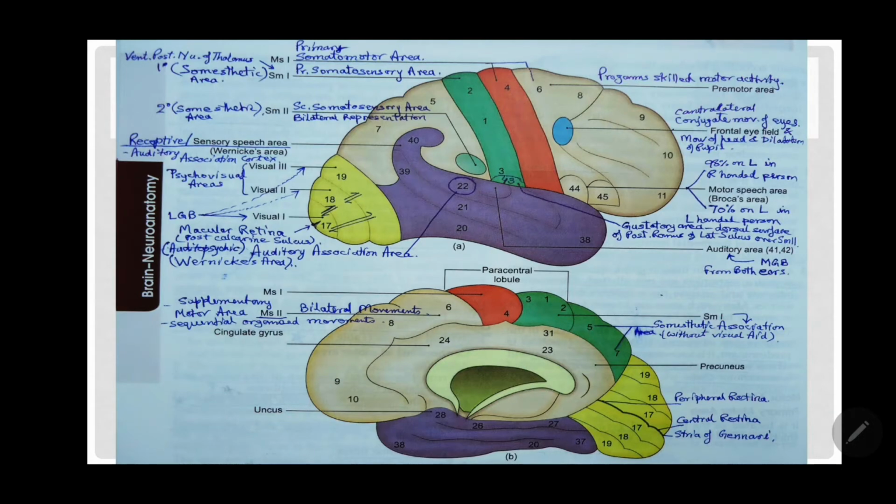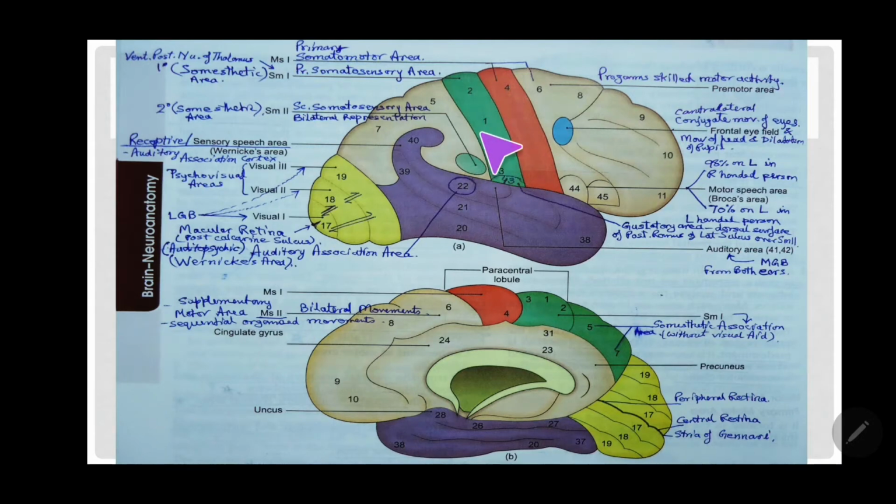So if there is a problem or any lesion in this area, it doesn't mean all the sensory loss will be there. There will be sensations reaching to these other areas. I'll talk about the lesions and the consequences of these lesions later on.